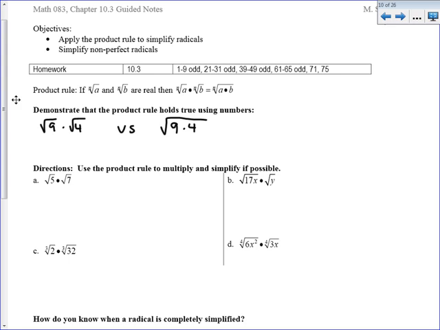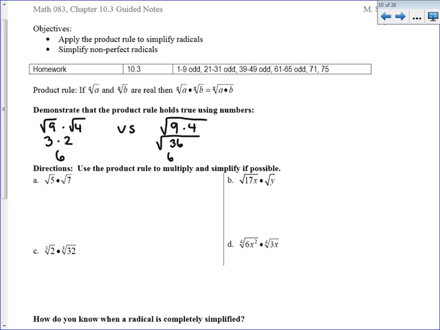So the square root of 9 times the square root of 4. What's the square root of 9? 3. Times, what's the square root of 4? 2. So 3 times 2 gives me an answer of 6. And if we have them both under one square root, we're going to start by multiplying them together. So the square root of 9 times 4 is the square root of 36, and the square root of 36 is 6.